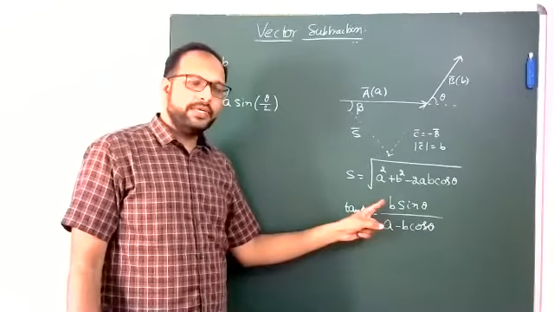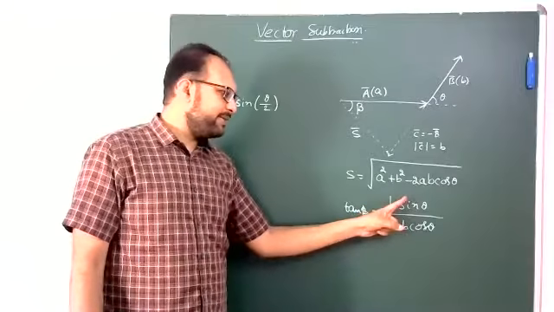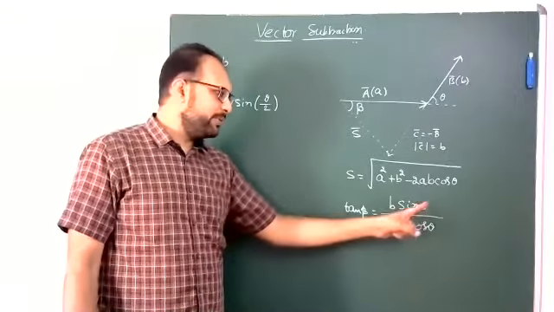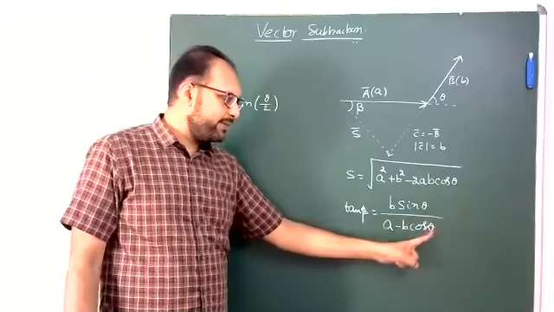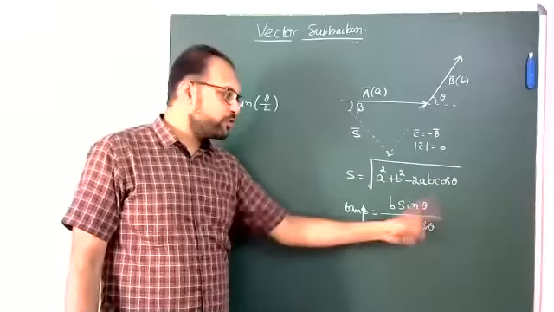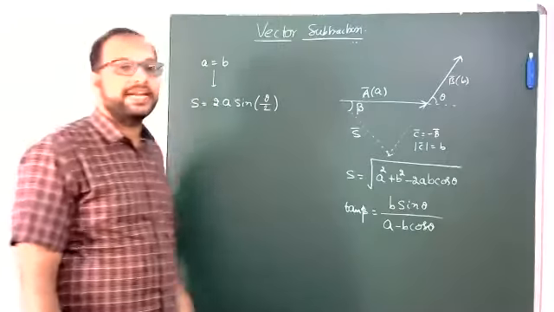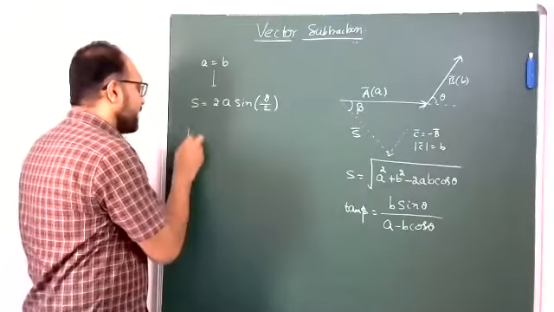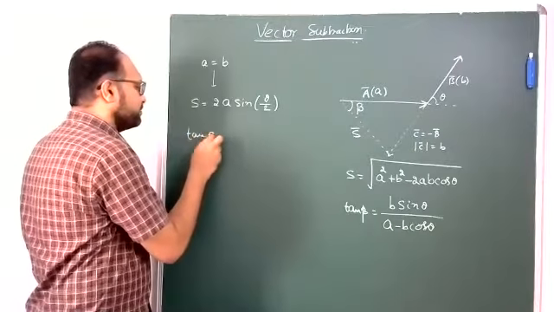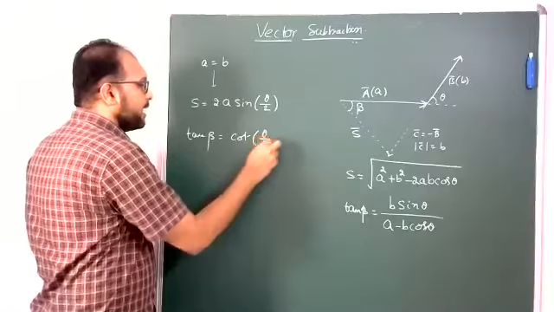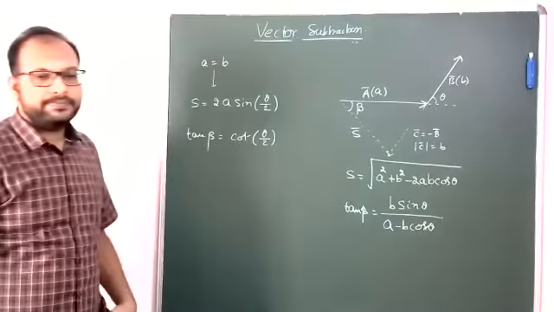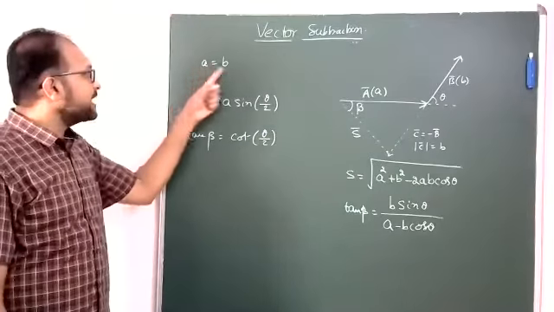Here 2 cancels out, sin theta by 2 cancels, and one cos theta by 2 is left over sin theta by 2. So you get cot theta by 2. So tan beta equals cot theta by 2. This is only the special case A equal to B.